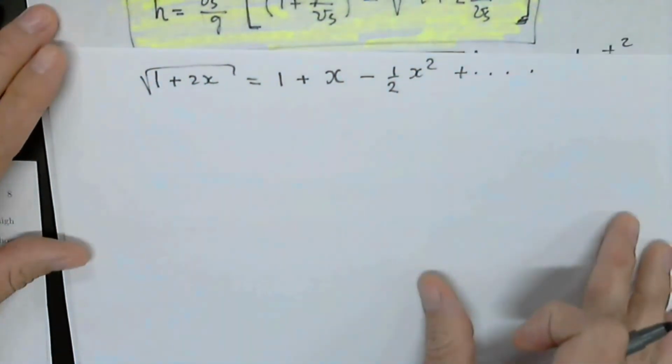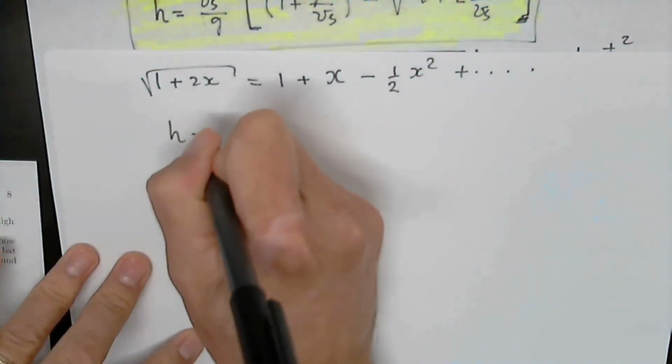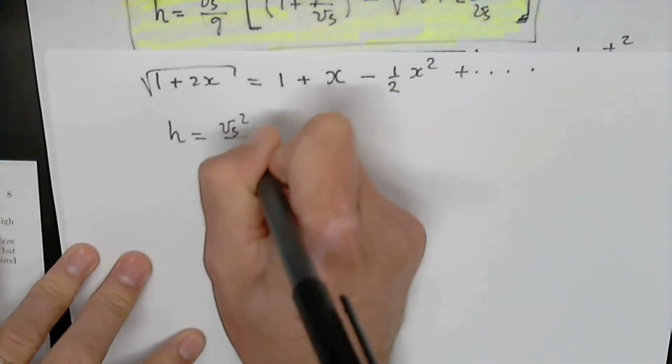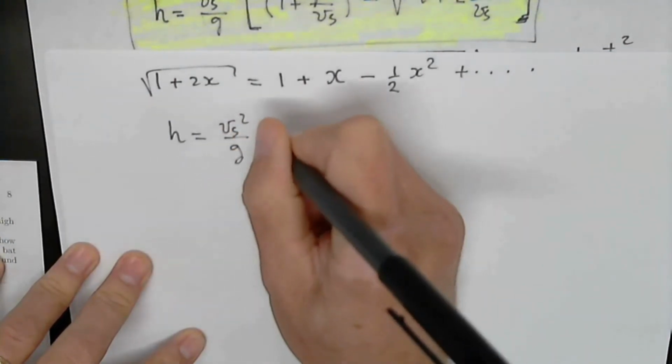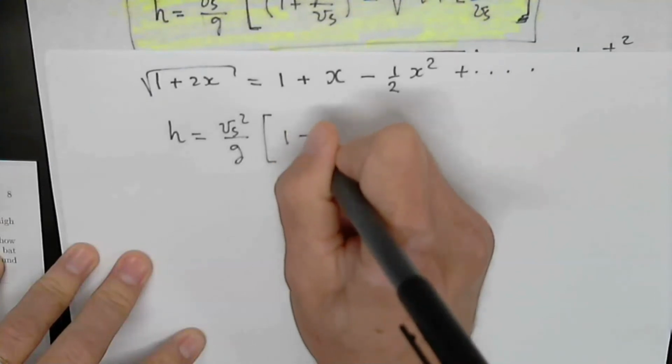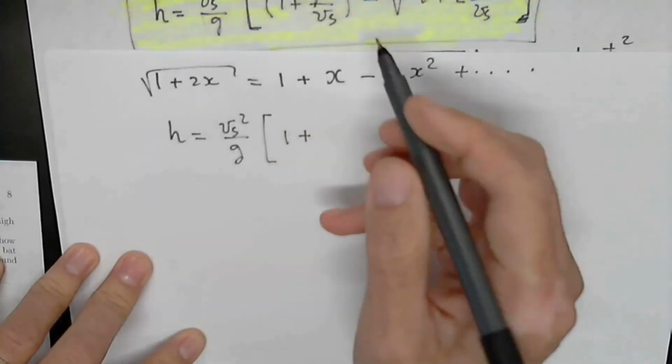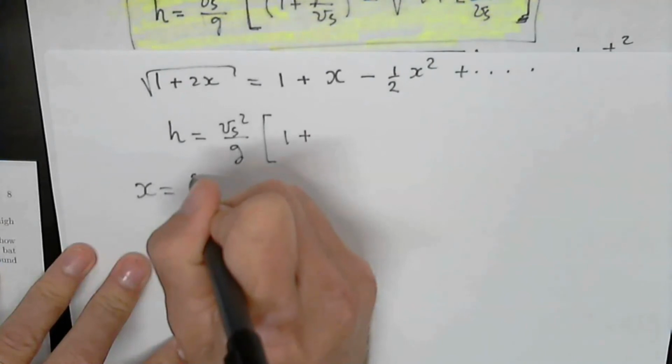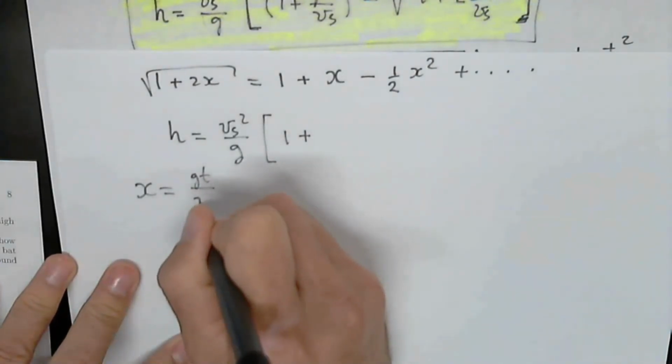So h is bs squared over g, 1 plus, remember, x is gt over bs.